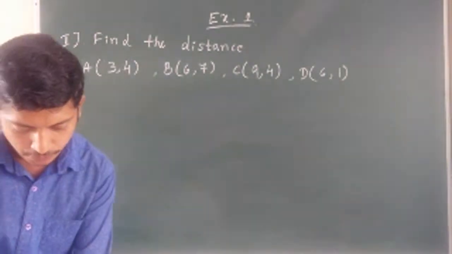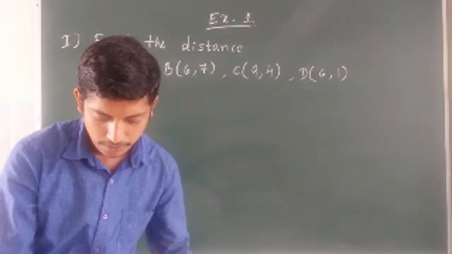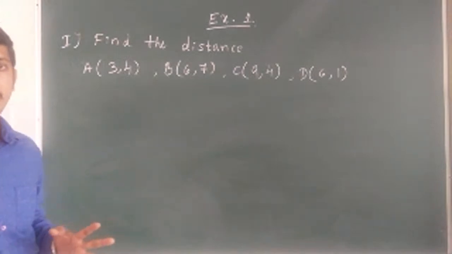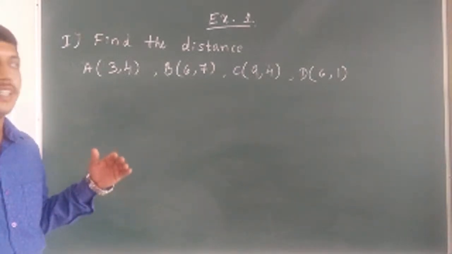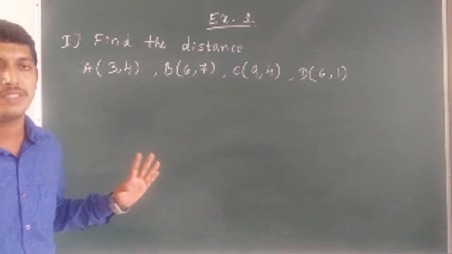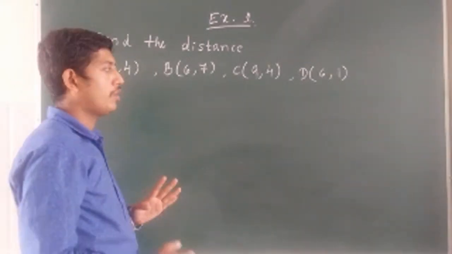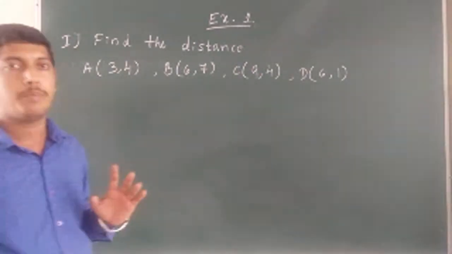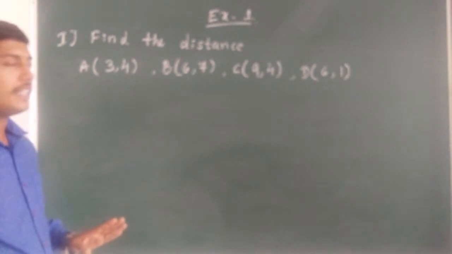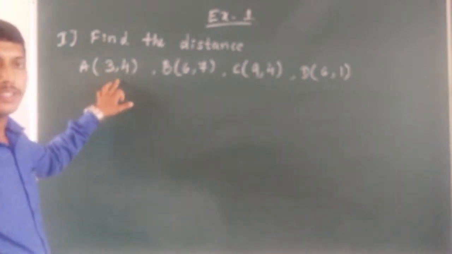Now what we have to find out is whether the given figure is a square or not by using the distance formula. So this is a very important problem, and based on the same method we have to solve many problems. We consider 4 points A, B, C, D. A has coordinates 3, 4.